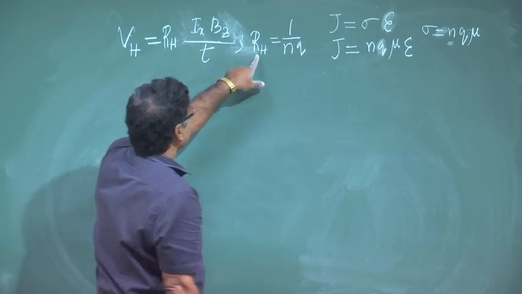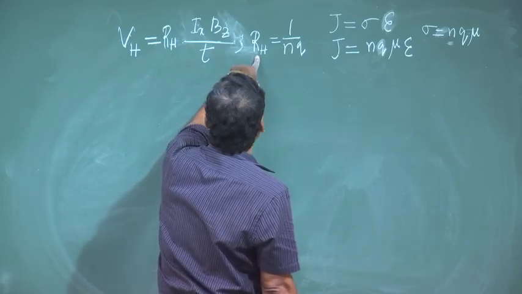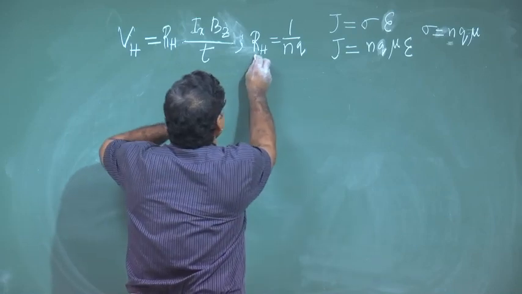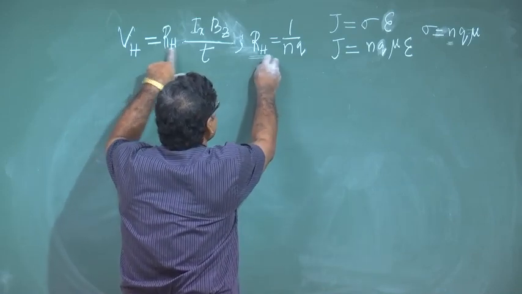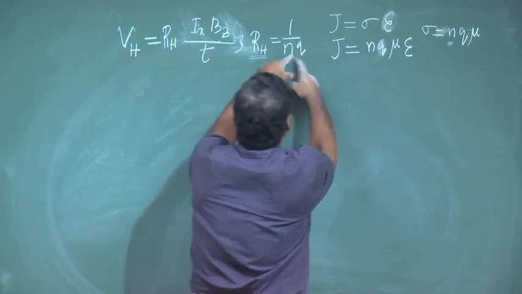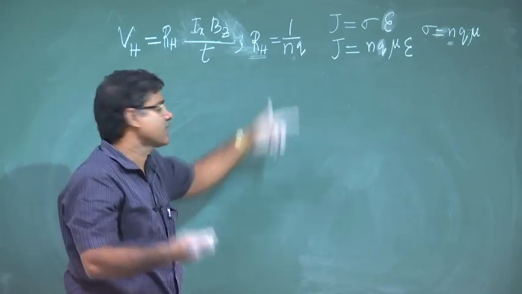So, if I can measure, if I can know the RH, then I will know the density of electrons.